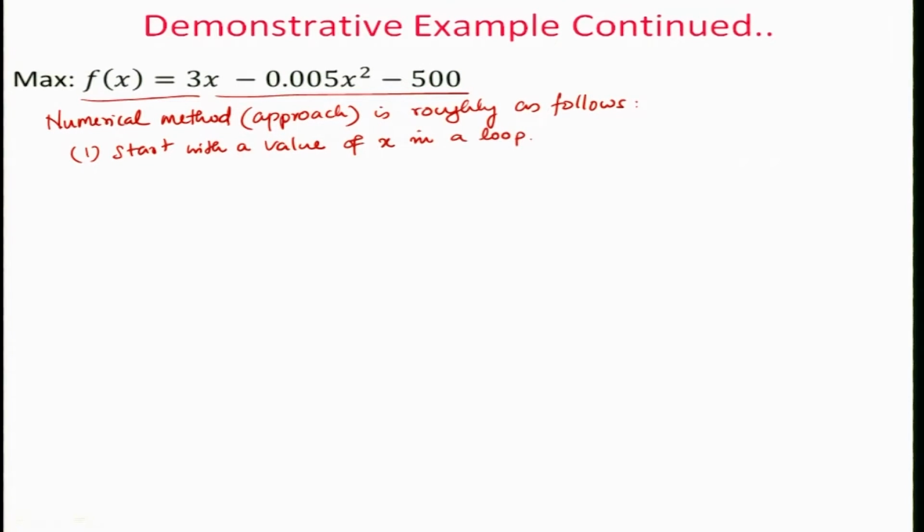Then using this x, find the value of f of x. So, you first start with a particular value of x in a computer loop, a programming loop, and for that you find the value of f of x.